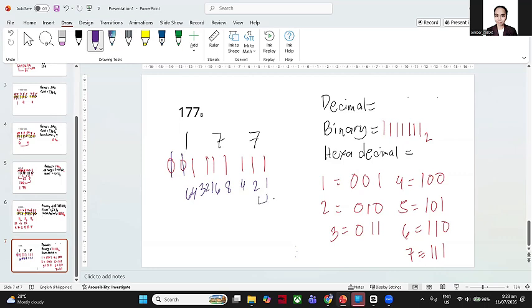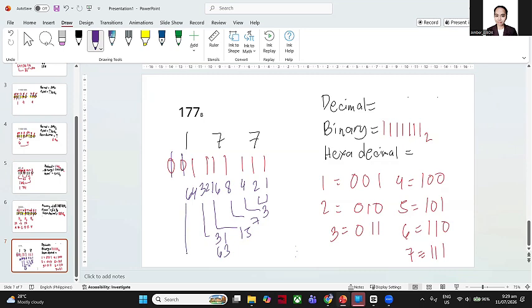2 plus 1 is 3. 4 plus 3 is 7. 8 plus 7 is 15. 16 plus 15 is 31. 31 plus 32 is 63.